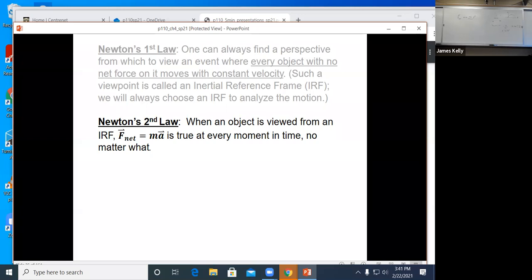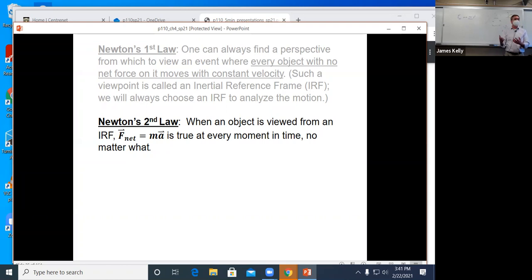Newton's second law says when an object is viewed from an inertial reference frame, so that if there are no forces on an object, it moves with constant velocity, then the net force, or the sum of all the forces, as Giancoli would probably write it, on the object, that means add them all up as vectors, is equal to the mass of the object times its acceleration. This is true at that moment and in every moment in time, no matter what.